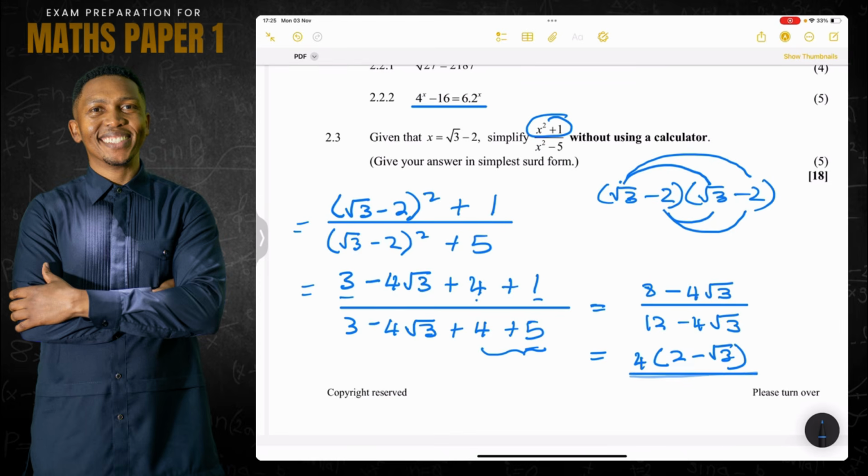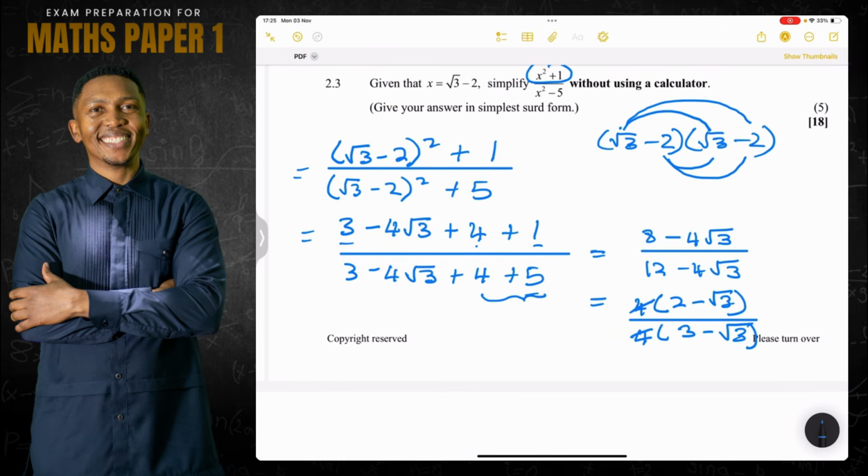At the bottom again, we can take out 4 as a common factor. That will give me 4 times, that's 3 minus square root of 3. Right, that cancels with that.